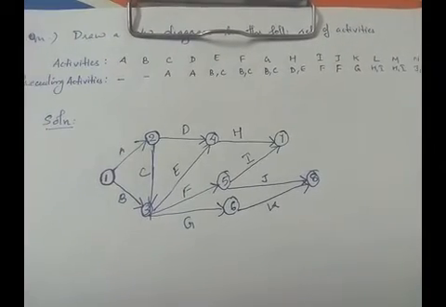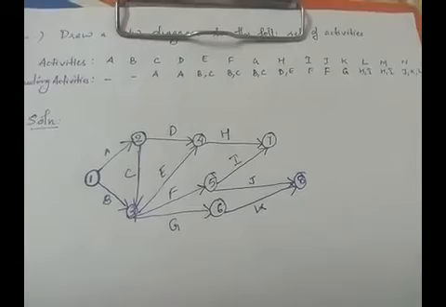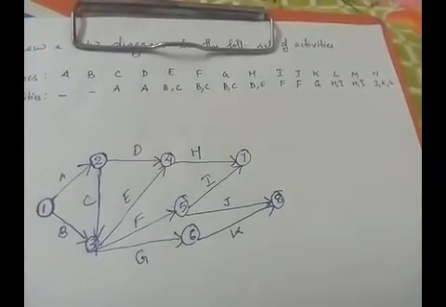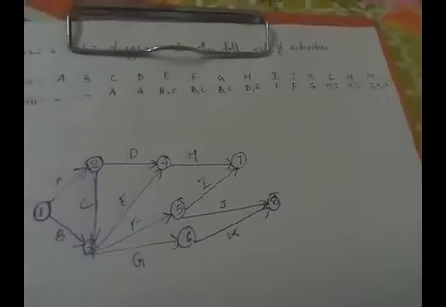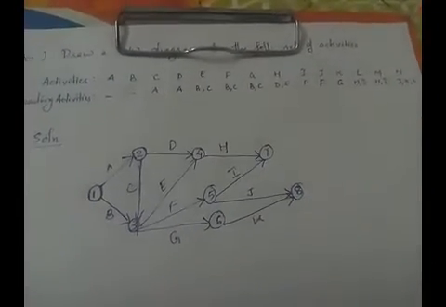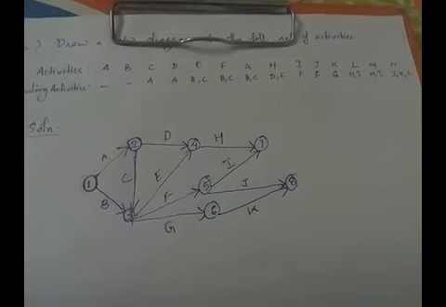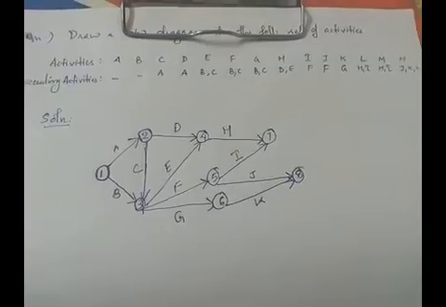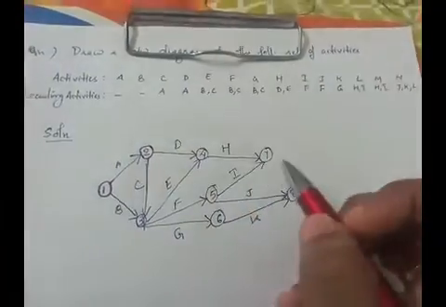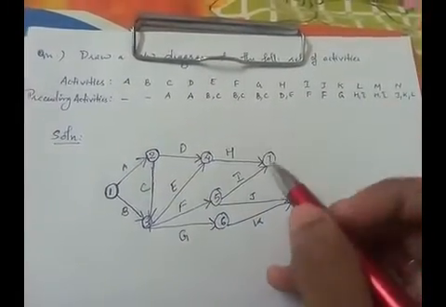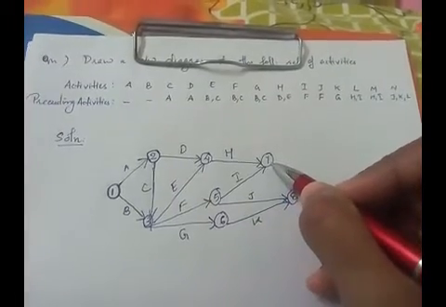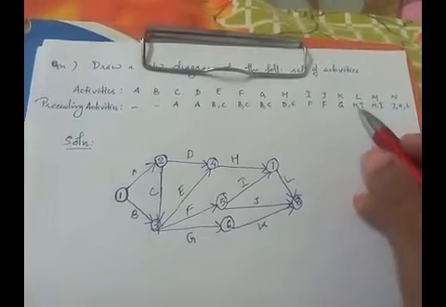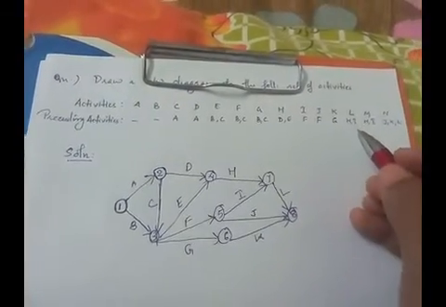Since L is combined with the activities J and K in the preceding activity list, it should end at the event where J and K have ended. So in the case of L, L should begin from 7 and it should end at 8. Okay, now we have drawn L here.